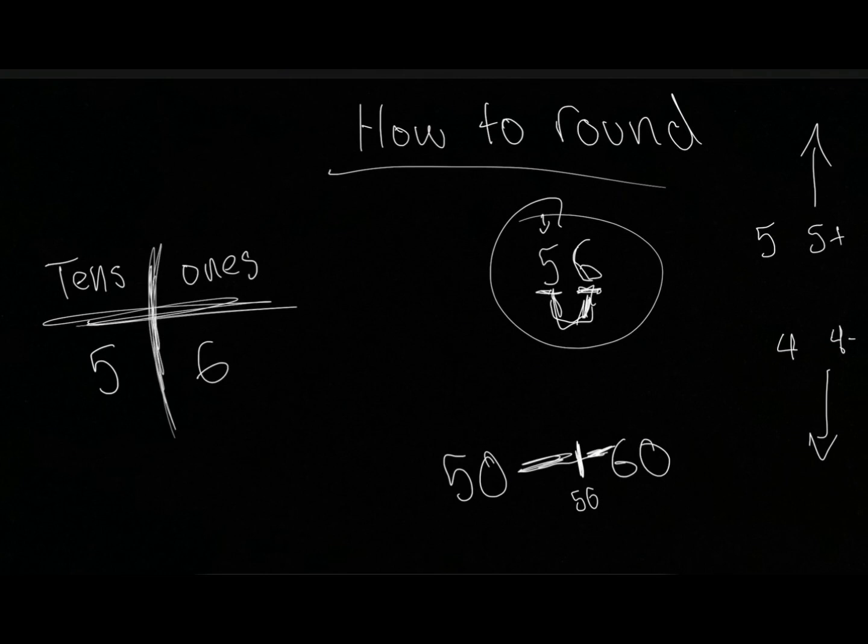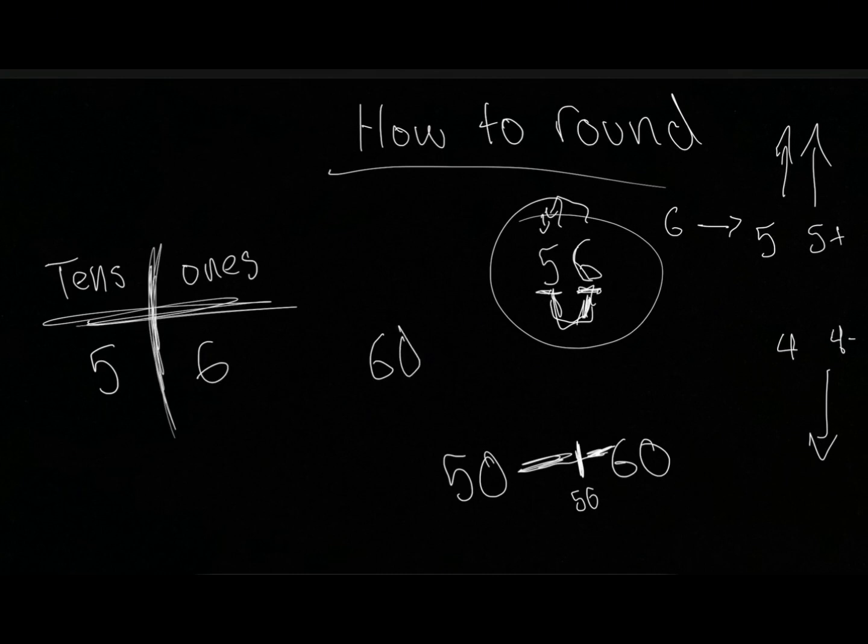Anyways, since 6 is 5 and up, we're going to round up. So we skip back to 5 and we add 1 to it. If it's 5 or more, then we add 1 to the last number. So 5 is going to turn into 6, and this 6 is going to turn into 0.